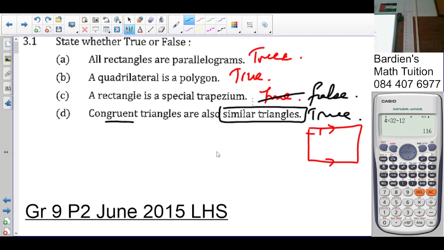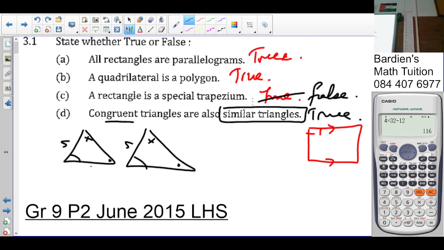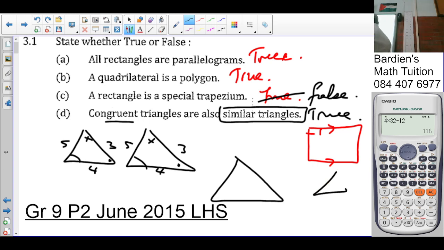Okay, look at it this way. If this triangle is congruent to that triangle, they're exactly the same. So all the angles are equal. Now if that is 5, 5, 4, 4, 3, 3. So what's on the sides? A similar triangle might have a bigger side, a smaller side. So if this is your triangle, and this was 3, 4, 5, this could be 6, 8, and 10.